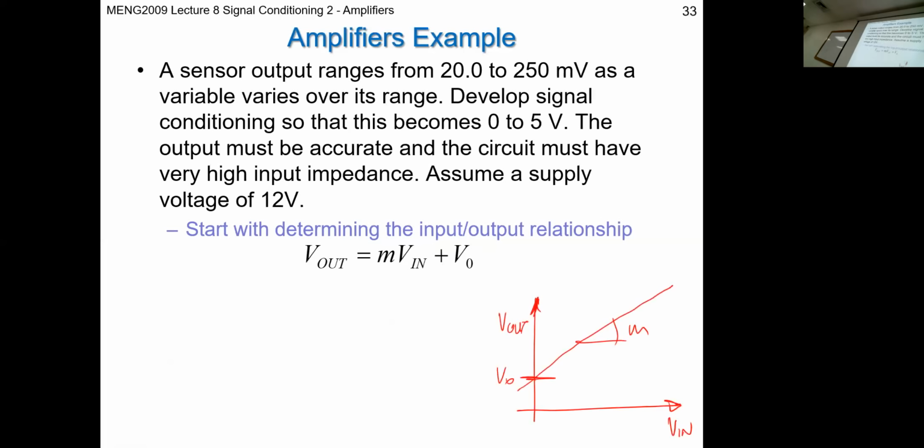Now M, or your slope, that's the gain of your amplifier. And the V naught is the offset voltage that you need to apply. Remember from the earlier examples, you had the summing amps, where we had the constant voltage and then the variable voltage. So we have to apply a constant voltage to this one.